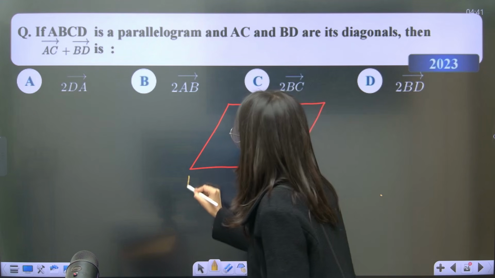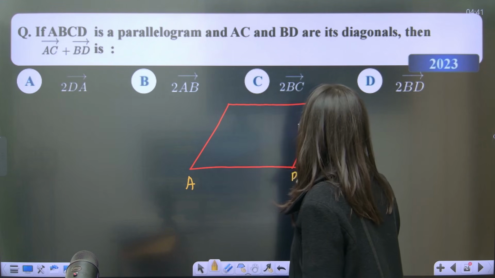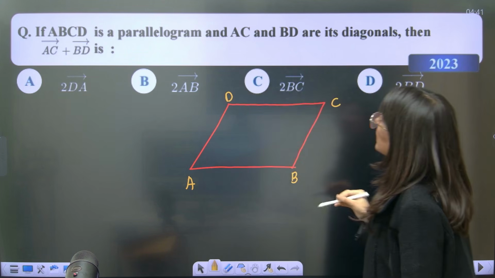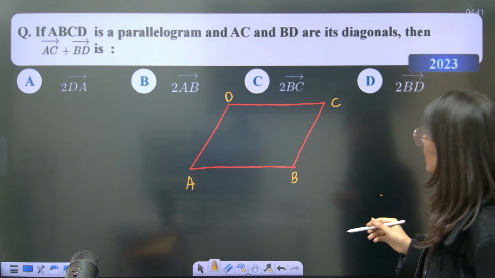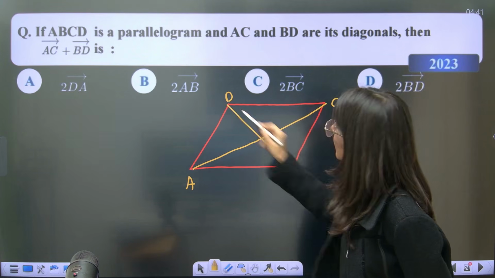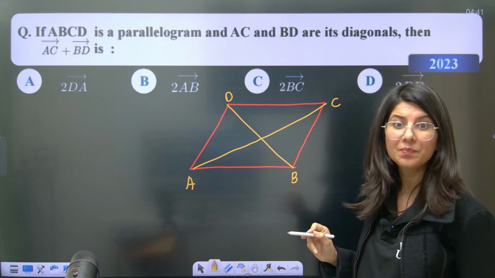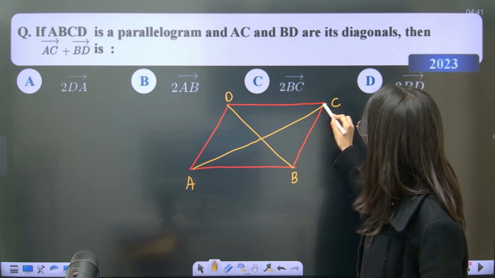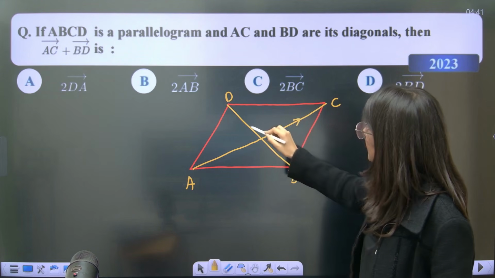ABCD is a parallelogram, so mark A, then B, then C, then D, correct? Parallelogram, and AC and BD are its diagonals. AC vector plus BD vector. So AC is this vector they are talking about, BD is this they are talking about.